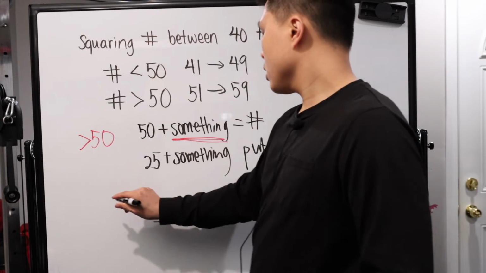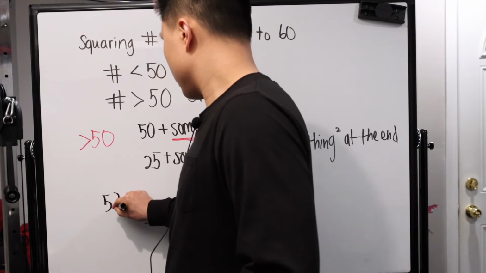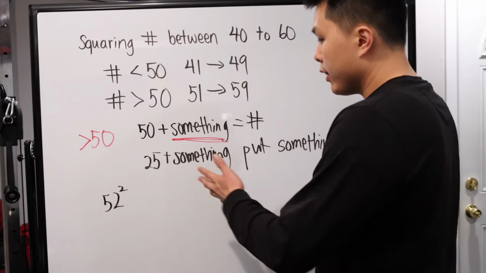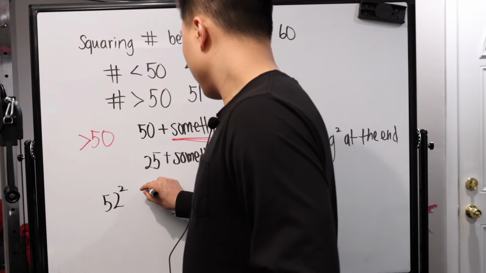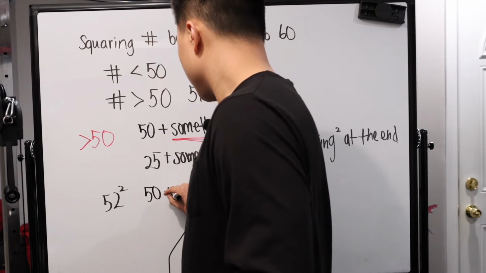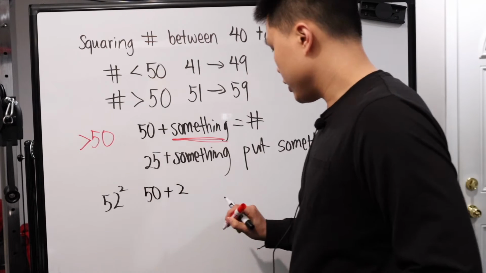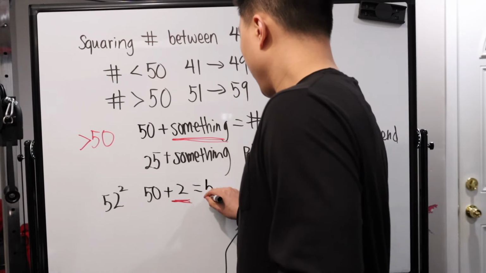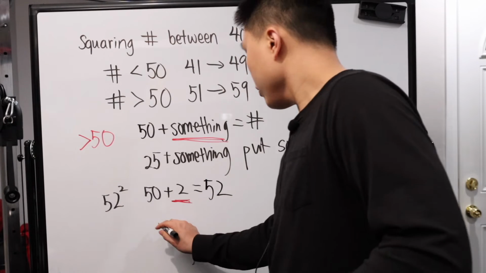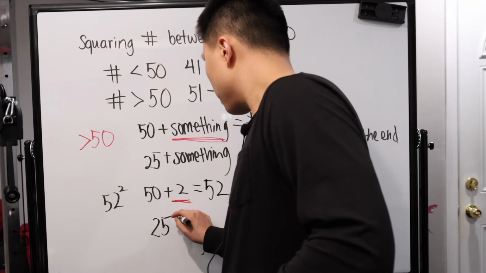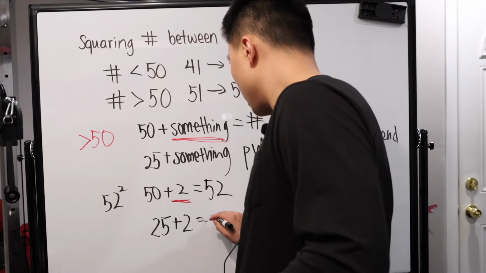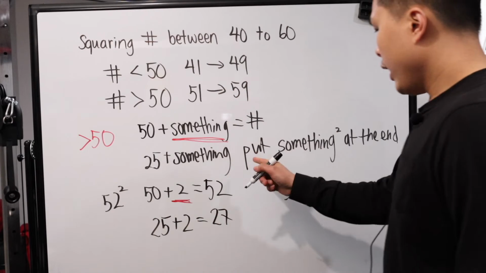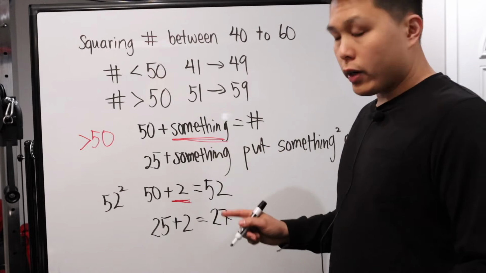For example, 52 squared. That's technically 50 plus 2. The something in this case is just 2, and that equals 52. So what we're going to do is 25 plus 2, which is 27, and we're going to put something squared at the end.